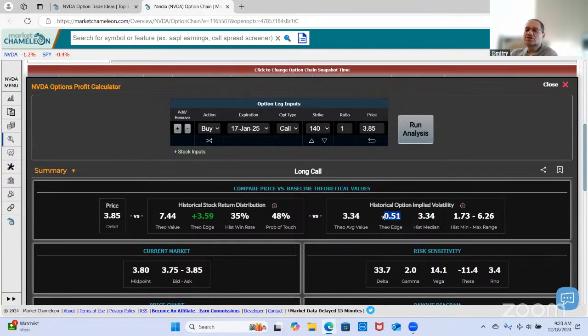That's a 51% theoretical edge we're paying up, where it typically is priced. So that's the average. What about the median? Because the average could have gotten pulled up too. So the median, where half the observations were above and half were below, was similar to the average, 3.34. So here we are paying about 51 cents higher in this model, right?